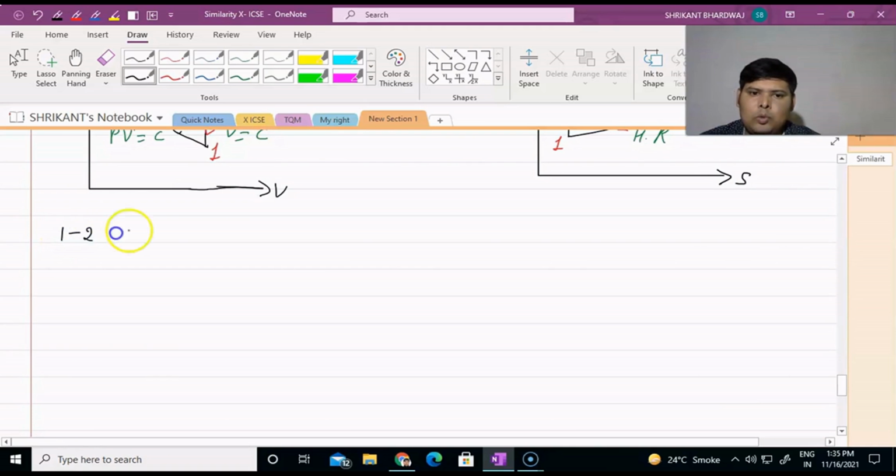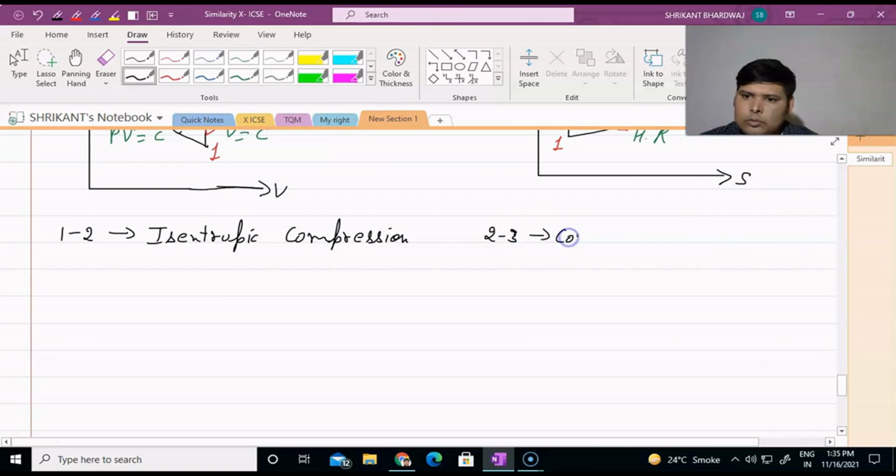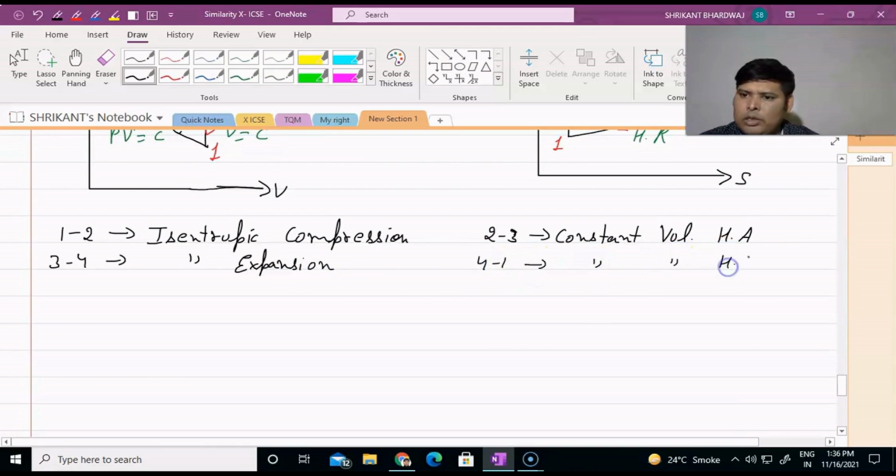So 1 to 2, it is an isentropic compression. 2 to 3 constant volume heat addition. 3 to 4 isentropic expansion, and 4 to 1 constant volume heat rejection.